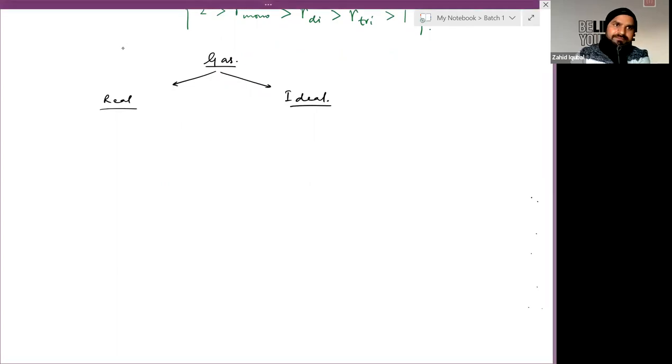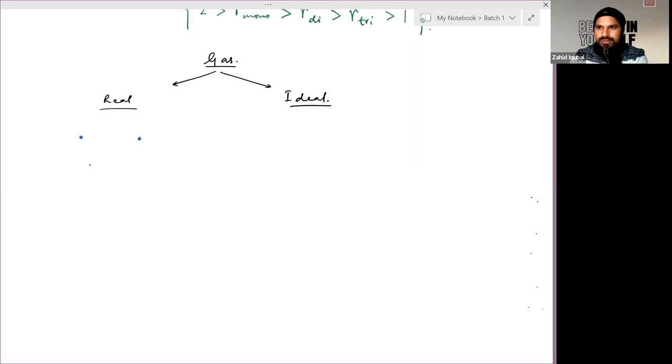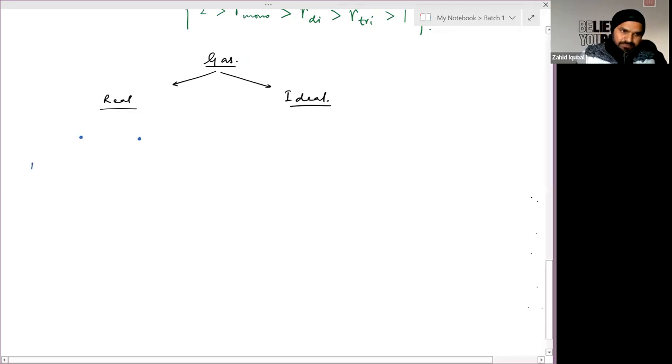Suppose you have a particle, this point and this point. If there is interaction between particles, due to the interaction it will have some potential energy due to their attractive or repulsive force between them.